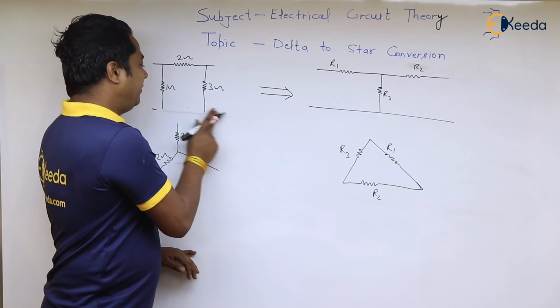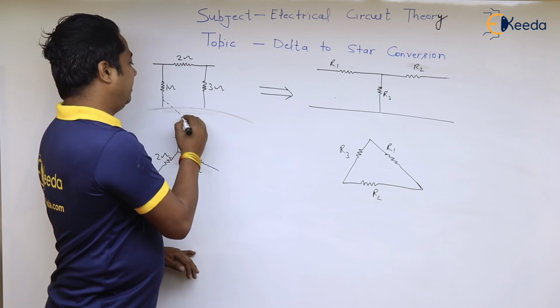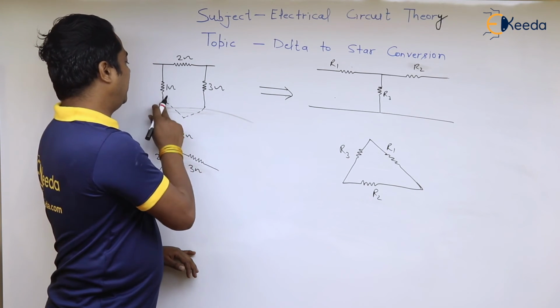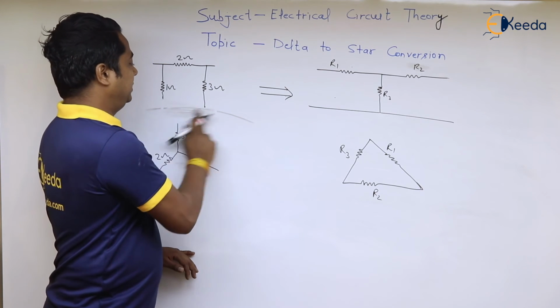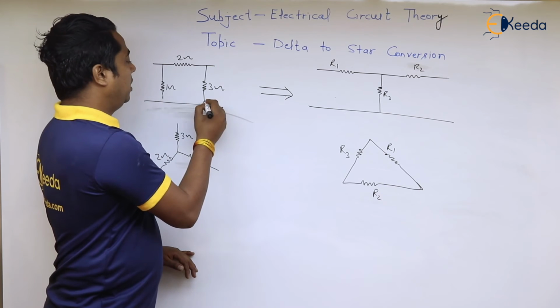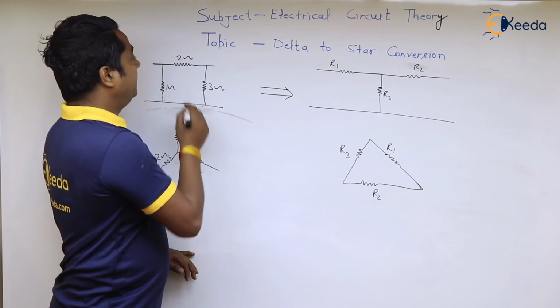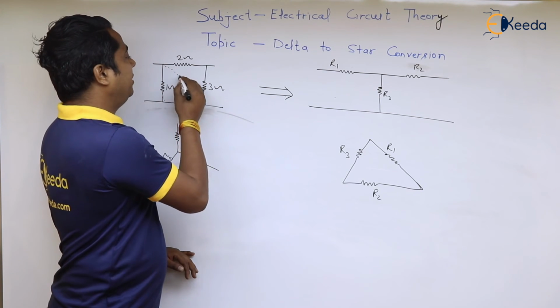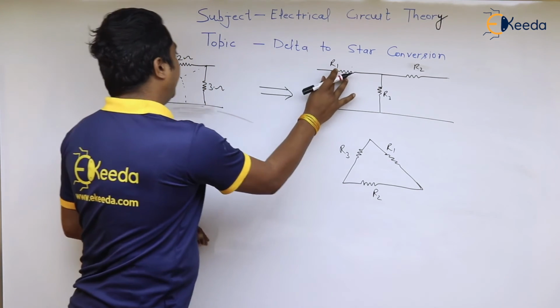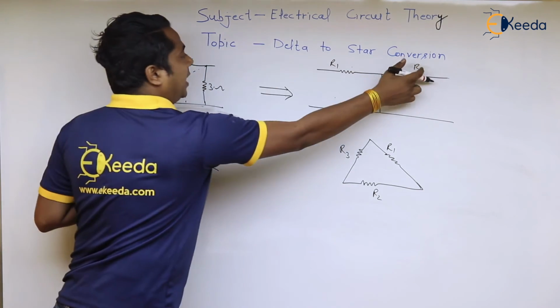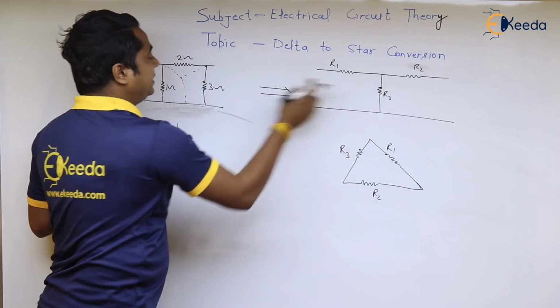Like how? If you just make it like this, what is this? Yes, this is delta. So, we will be connecting directly here. The star model will be like this. And I am representing here R1 is this, R2 is this, and R3 is this.